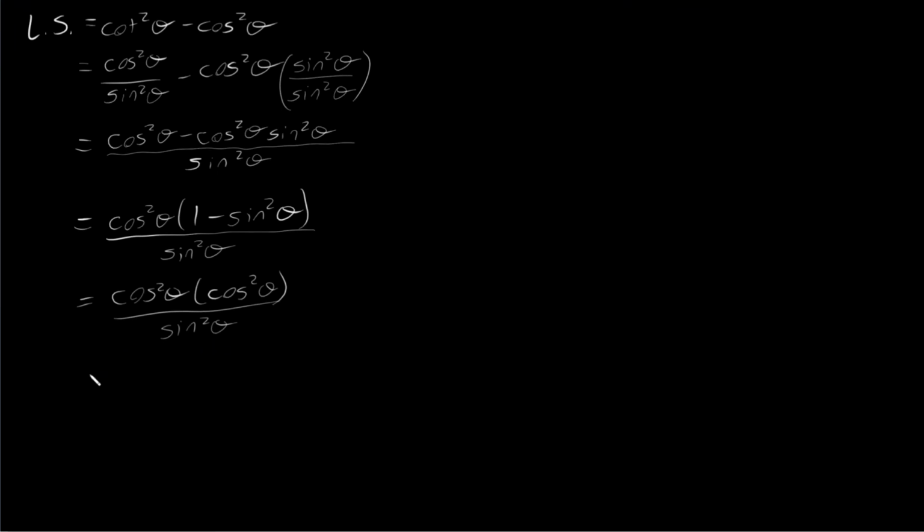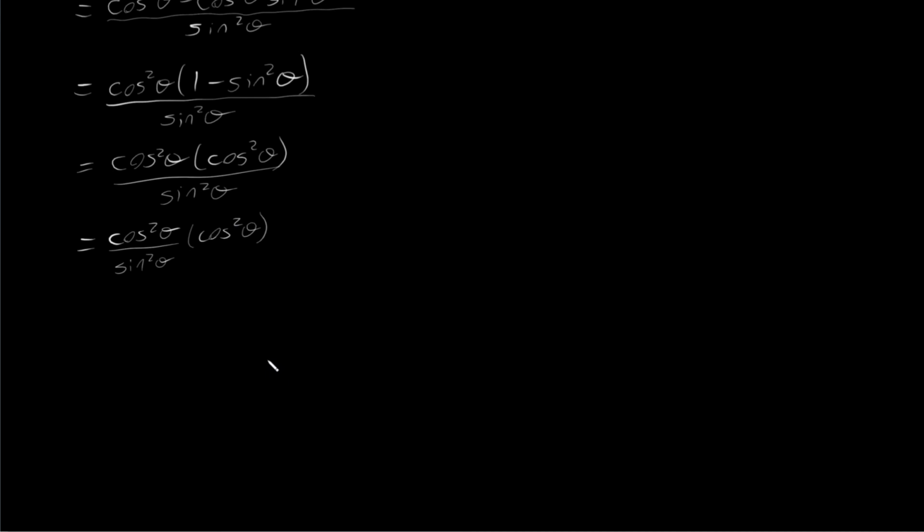So we can write this as cos squared theta, just to make it more obvious, over sine squared theta times cos squared theta. And this is something that we saw at the very beginning before we started the question. What is cos squared theta over sin squared theta? That is just equal to cotangent squared theta.